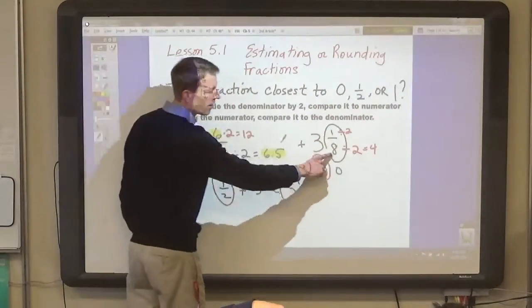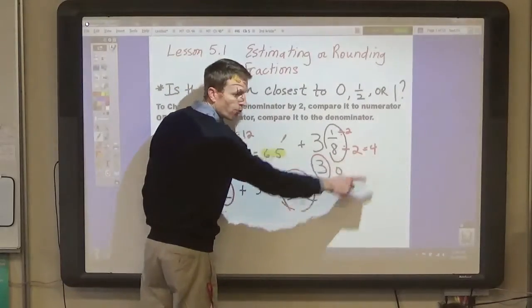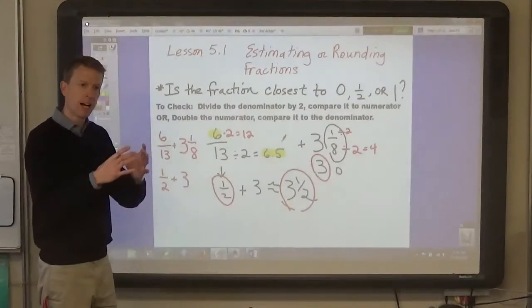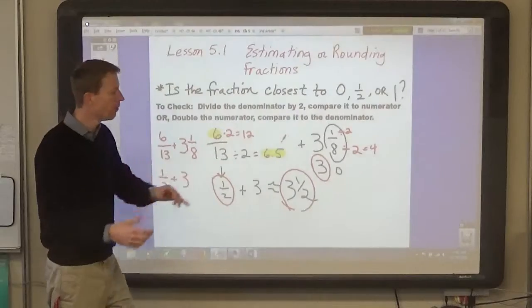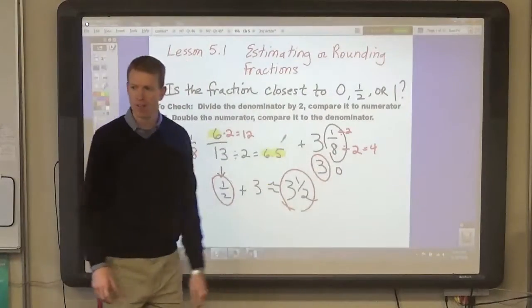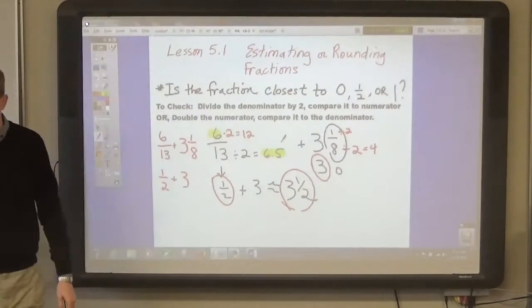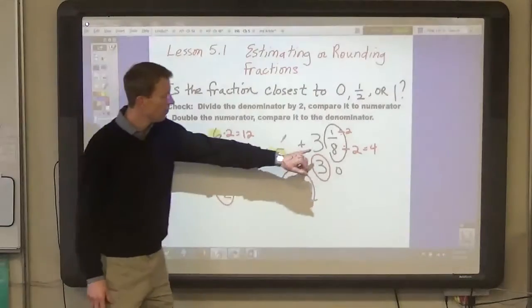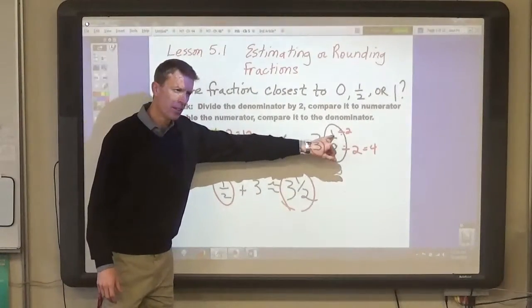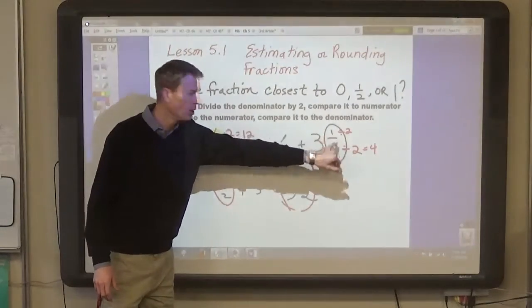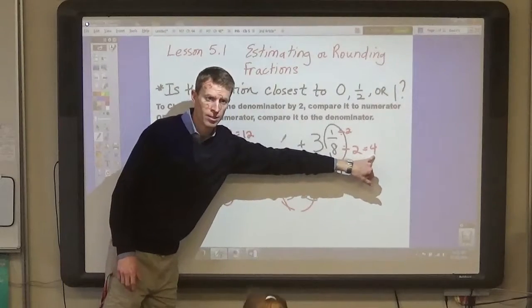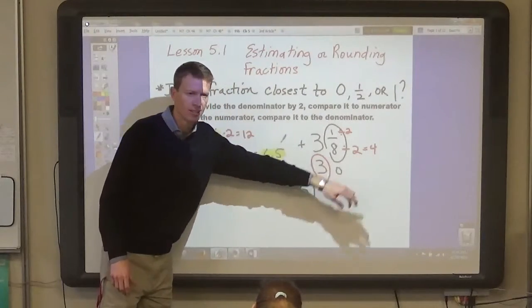Look, 8 divided by 2 is 4, right? If we divide the denominator by 2, you can find what half of 8 is. If we were to round this to 1/2, then the numerator should be close to half. And it's not. It's not that close.